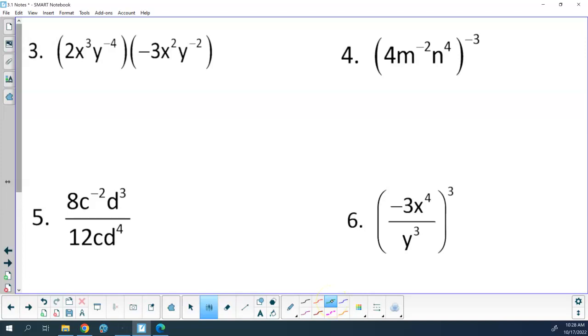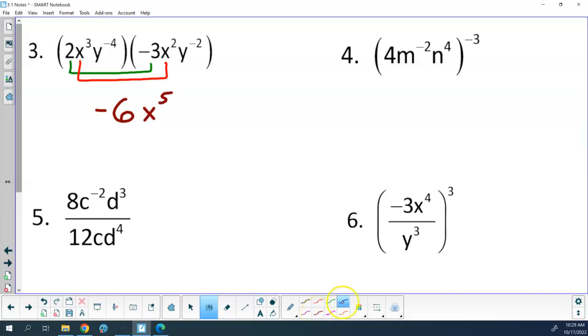So on this first one, on number 3 here, I would take 2 times -3 because there's no exponents attached to either of those 2. So 2 times -3 would be -6. Then I would take x cubed times x squared, and I'm going to add those exponents. 3 plus 2 is 5, so that's going to be x to the 5th power.